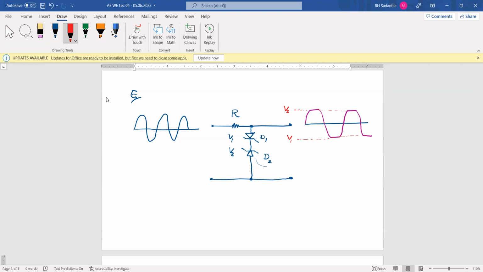And when we consider the negative half cycle, the D1 diode will be reverse biased, and when it reaches this V1 Zener voltage, then that one will be clipped. Is it okay?